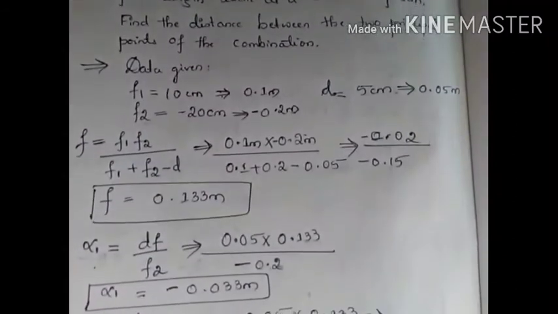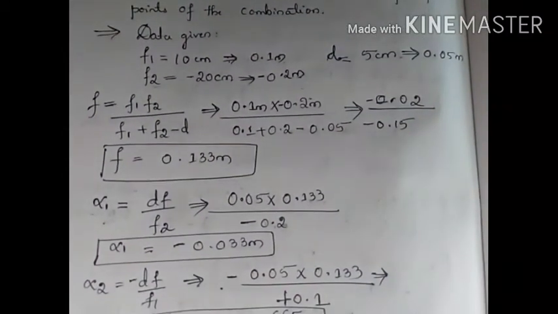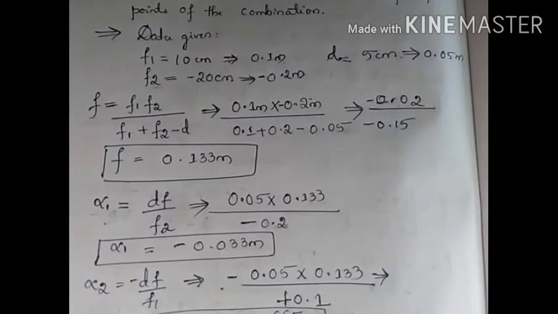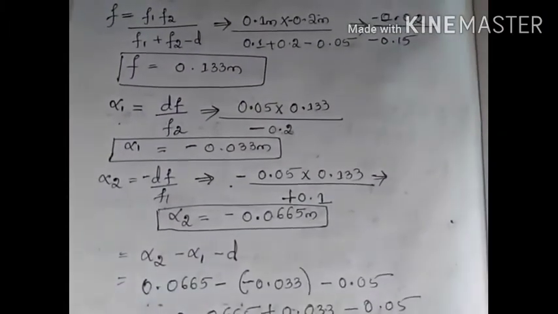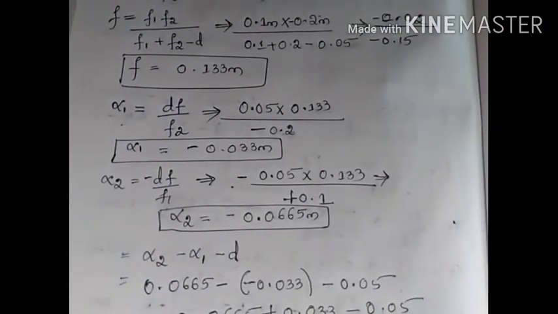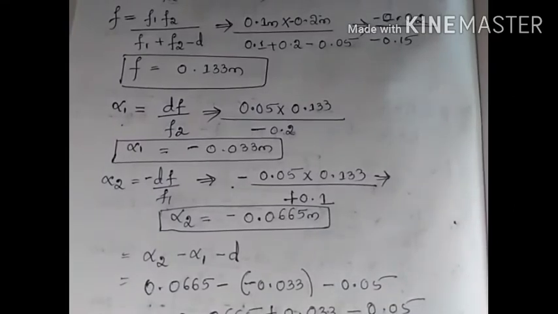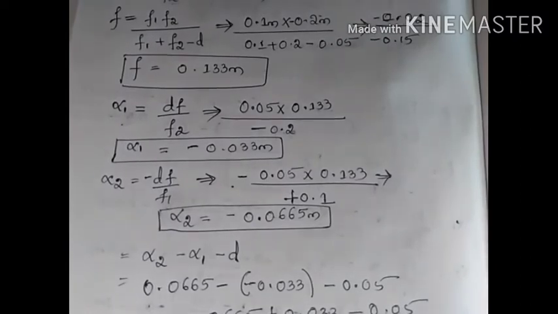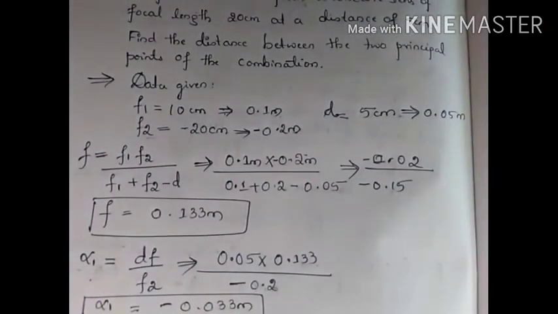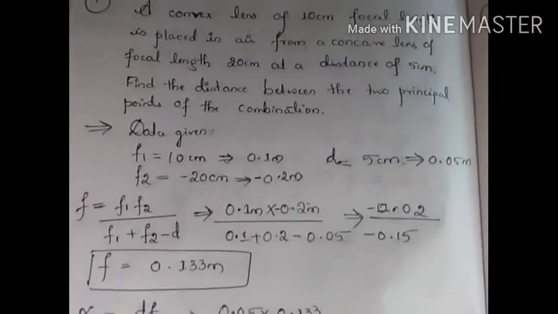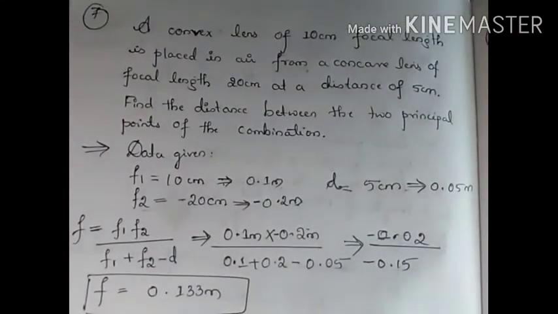To find that, we first found the equivalent focal length of the two lenses separated by a finite distance, and then we found alpha 1 and alpha 2. So here you need not find beta 1 and beta 2. Beta 1 and beta 2 are not necessary here. Alpha 1 and alpha 2 we have to find. With the data of alpha 1 and alpha 2, you can find the distance between the two principal points. So this is the solution for the 7th question in the chapter.